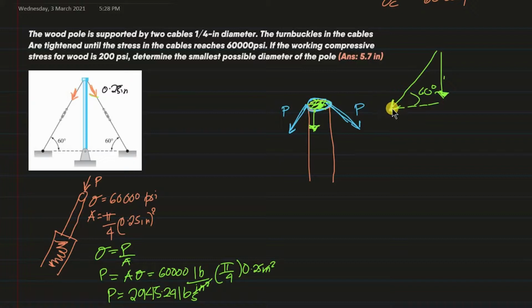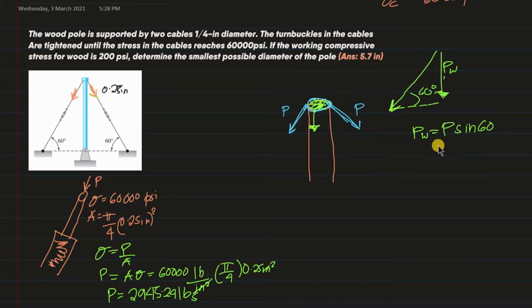Okay, so solve natin yan. 60 given yung angle and this is the opposite, we will use sine. So this is P. P of wood is equal yan sa P ng cable times sine 60. Sine kasi nga opposite, di ba?